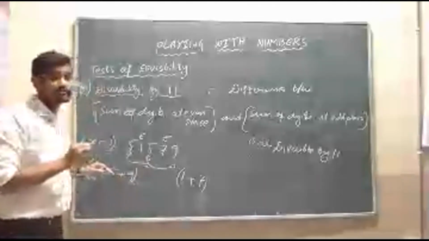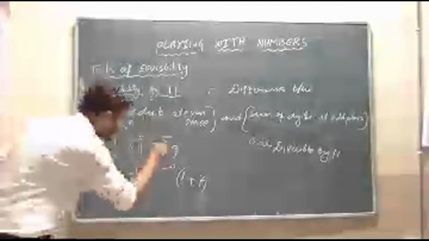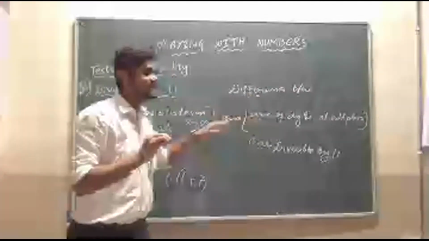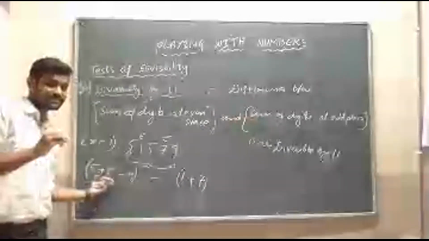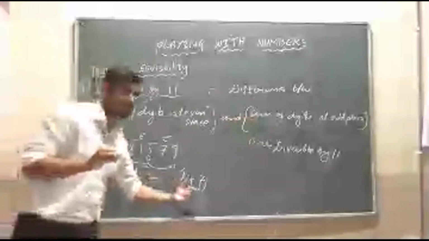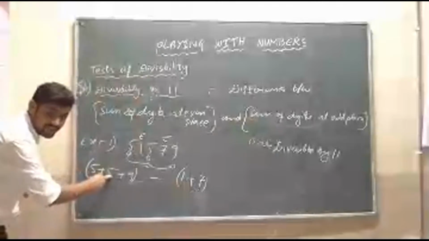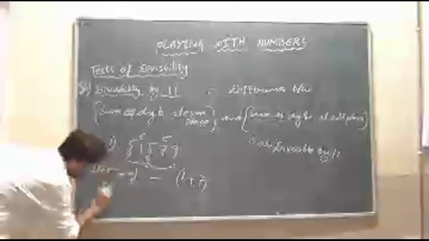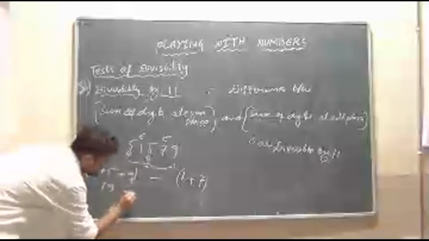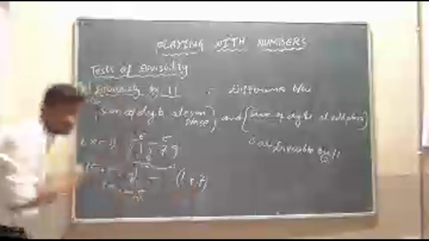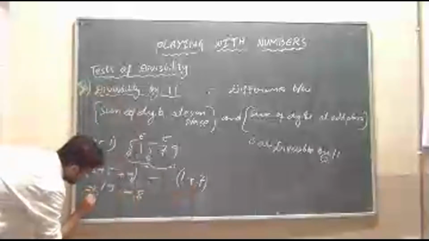What we have to do? We have to subtract this. That is the difference between the sum of odd numbers and the sum of even numbers. First, 5 plus 5, 10 plus 9, 19, minus 7 plus 1, that is 8. What is the answer we will get?